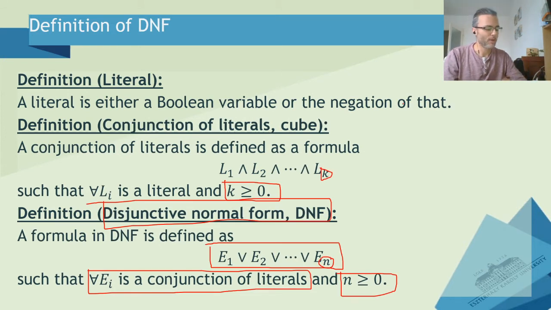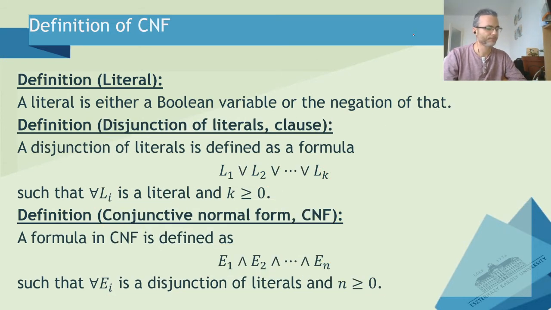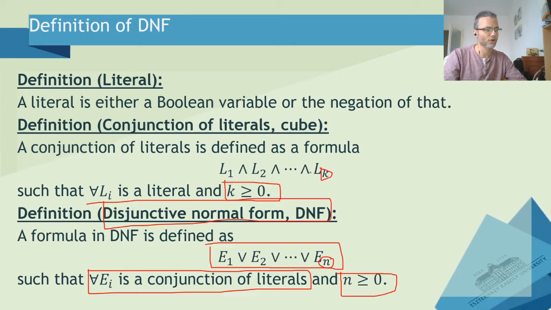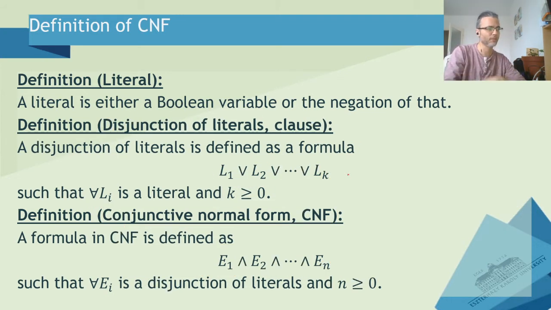What changes? Well, first of all, inside the parentheses, now we have disjunctions and not conjunctions. In a DNF, we have conjunctions between our literals. In a CNF, we have disjunctions. But everything else is the same.